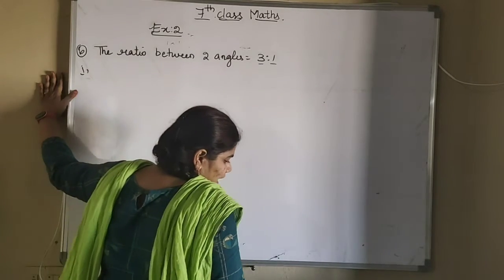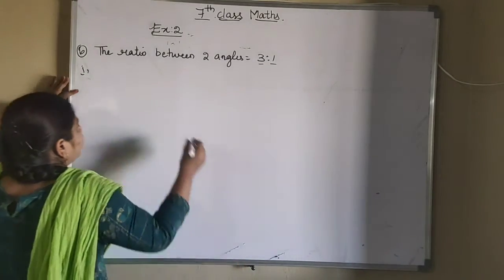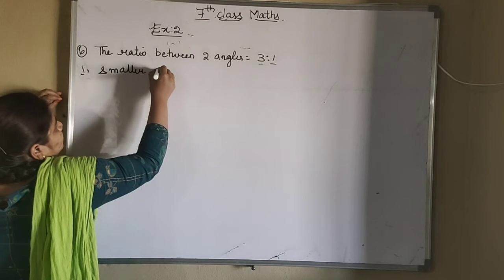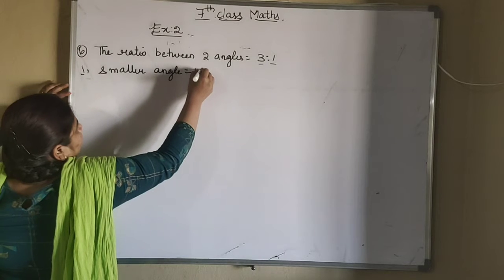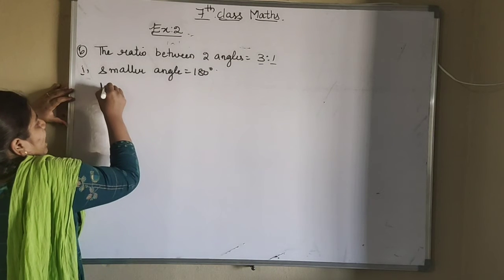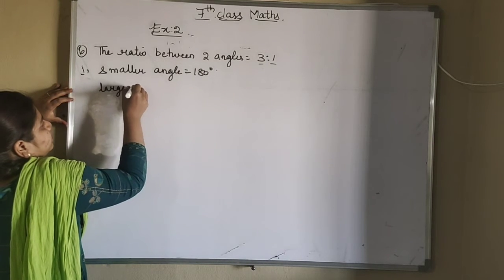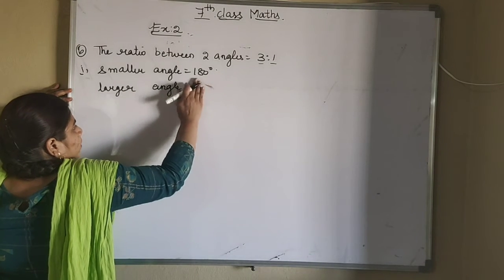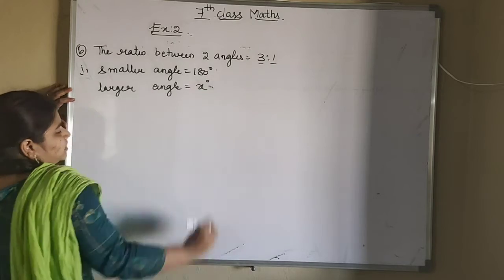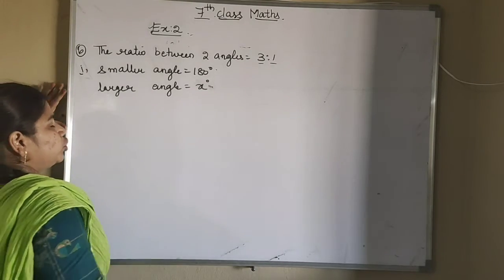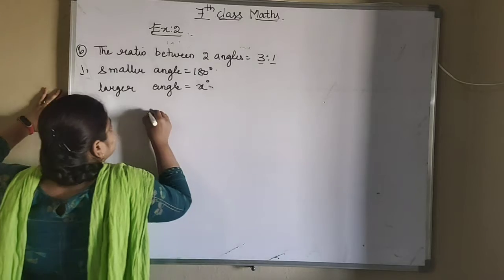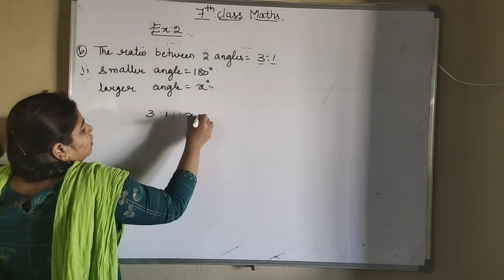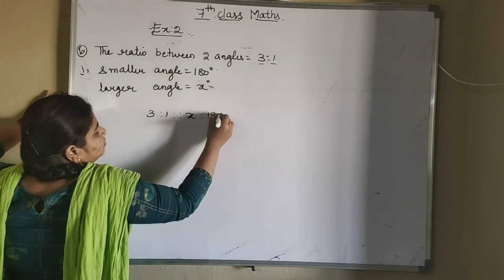In the first bit they have given the smaller angle as 180 degrees, and the larger angle we have to find. So I am taking that as x degrees. Compare this ratio: larger, smaller, as larger, smaller.